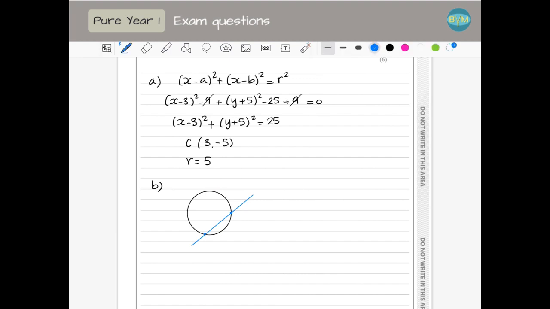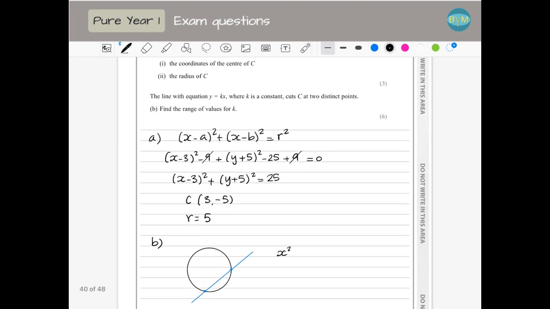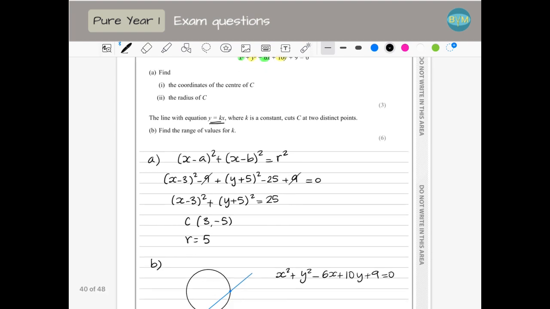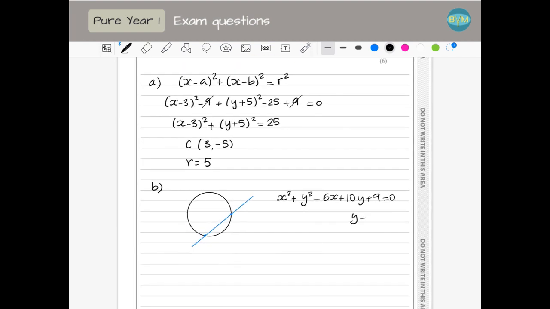So when we have to find the intersection between a line and a circle, we are going to solve simultaneous equations. So we have the equation of our circle, that was this one, so x squared plus y squared minus 6x plus 10y plus 9 equals 0, and the equation of the line, which is y equals kx. And we are going to solve simultaneous equations.